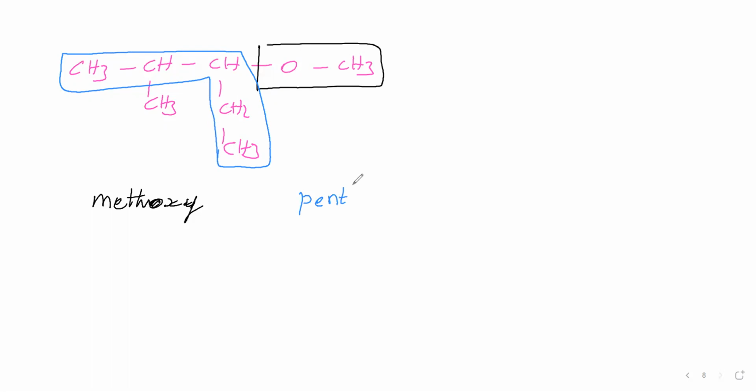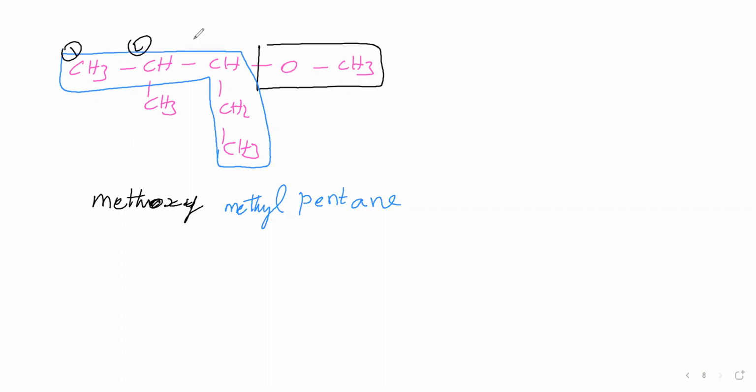Then carbon-carbon single bond is there, therefore primary suffix ane. In this parent chain, one branch is there. This branch name is methyl. That methyl you write here. Now give the numbering such that this ether gets the least position. How to give numbering?